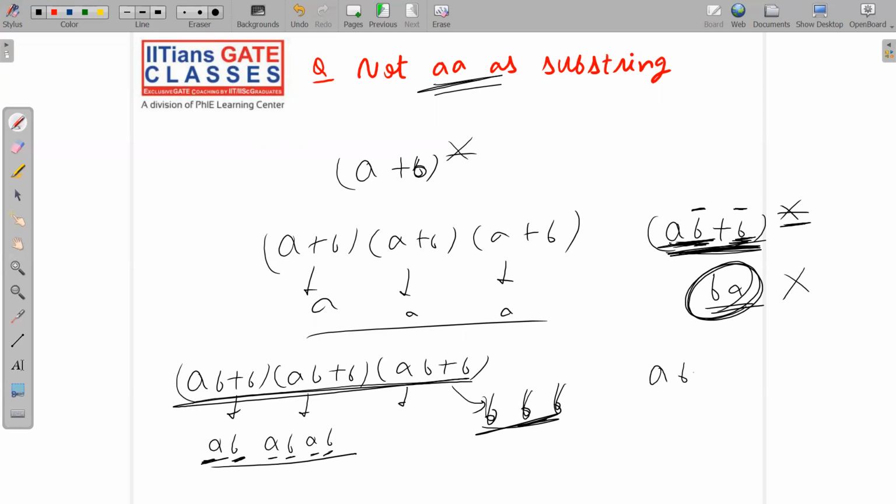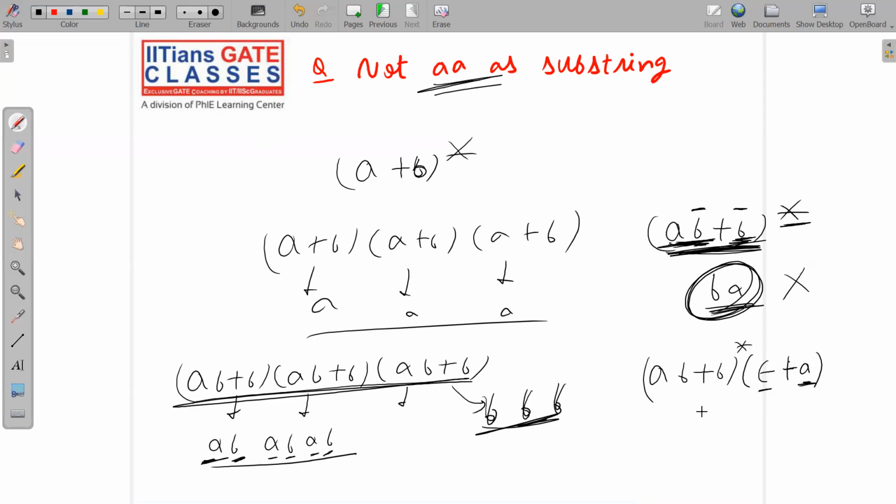So to give that choice, I will write AB plus B whole star, and here I will write null plus A. Now when you apply null plus A, that means AB plus B star, if you concat with null, then obviously the string will end with B. If you concat with A, then the string can end with A also.